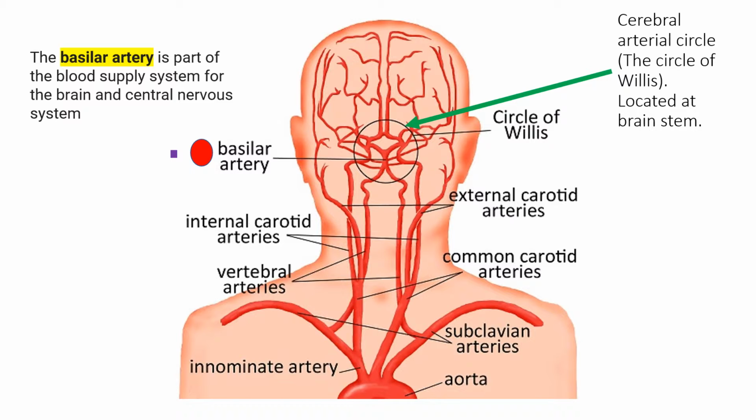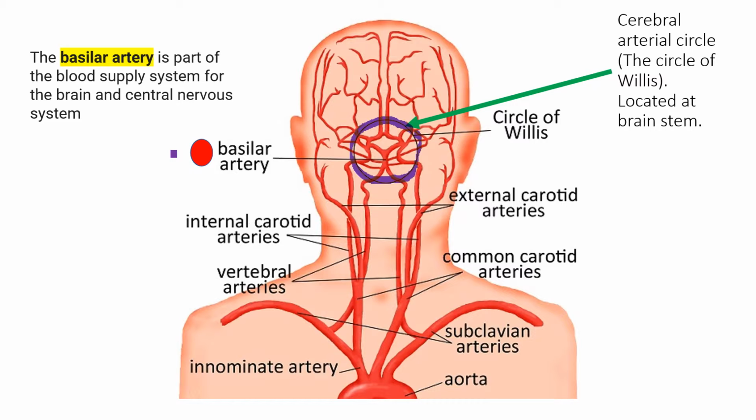This area we call the circle of Willis. This whole complex is just for the purpose of bringing oxygenated blood to the upper parts of the body, specifically here to the head and neck.